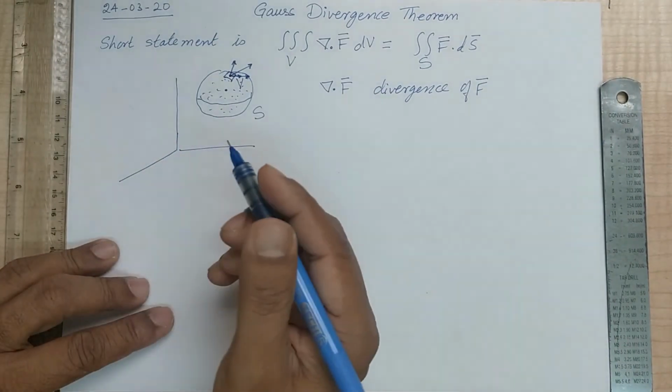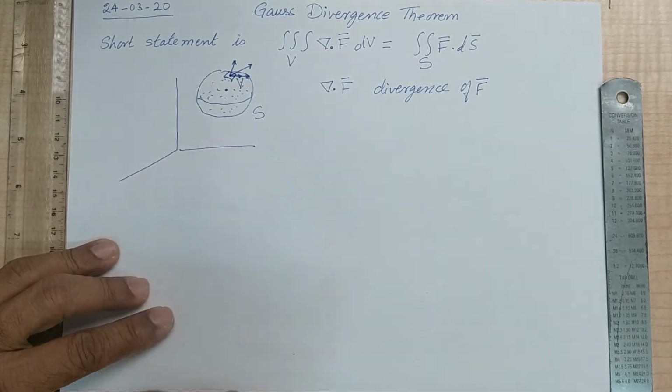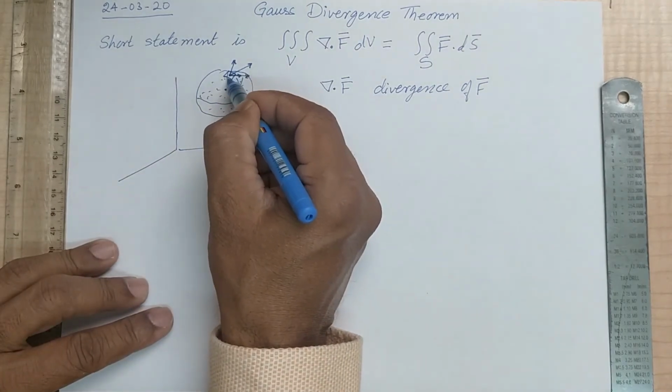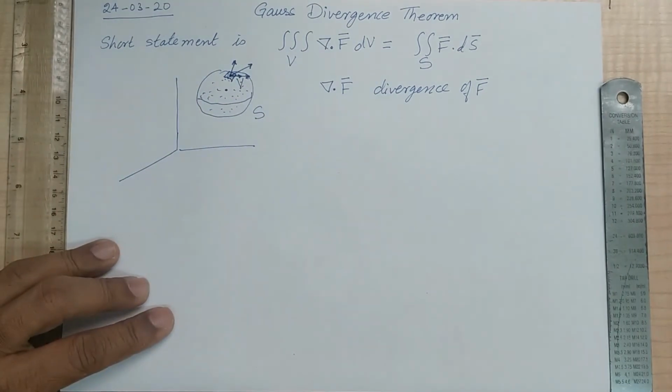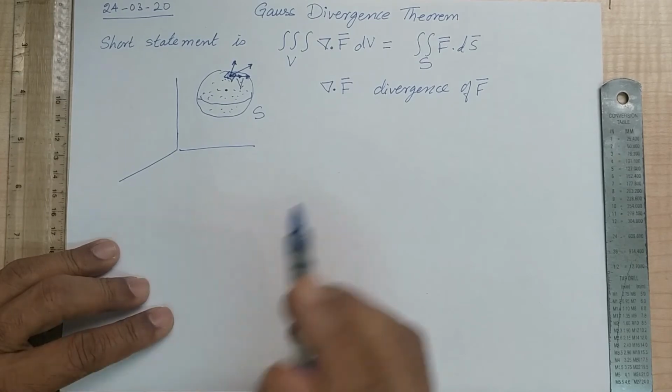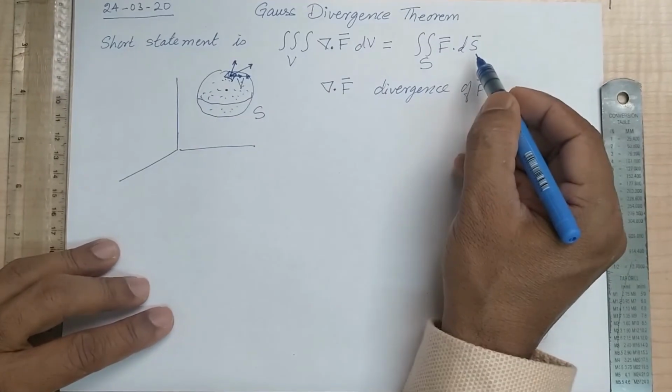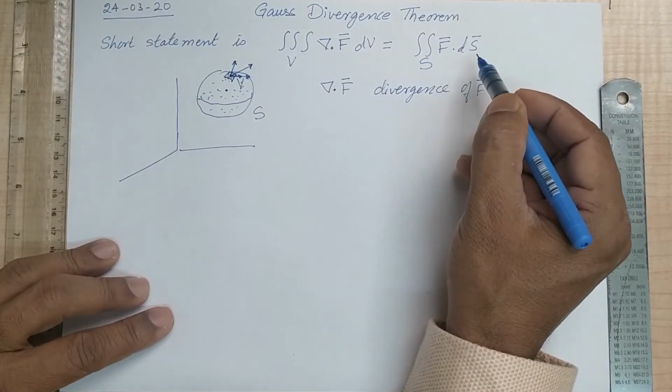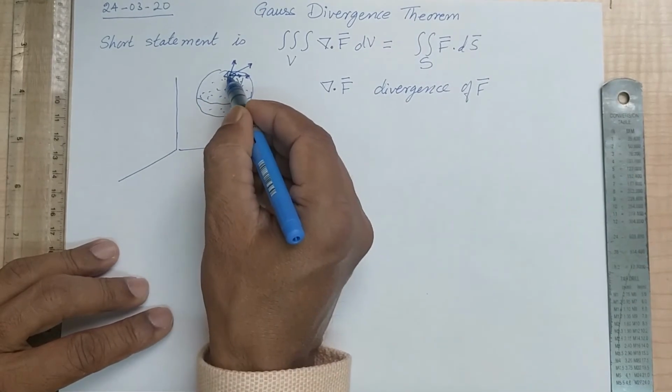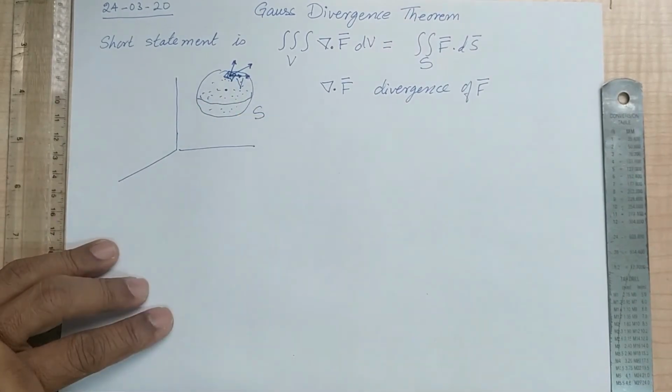Now the component which is responsible for bringing the mass out of the surface is the one which is perpendicular to the surface element, right? And when you're looking at F bar dot dS bar, you're actually looking at the sum total of the mass which is flowing out of this surface element.